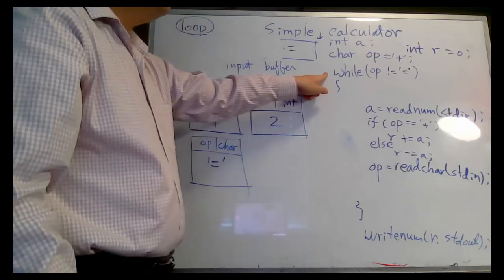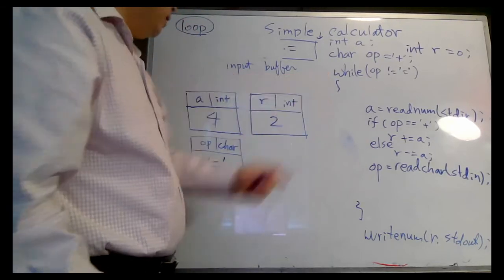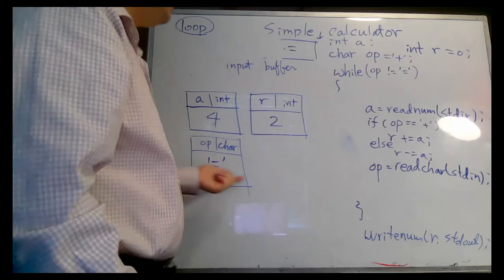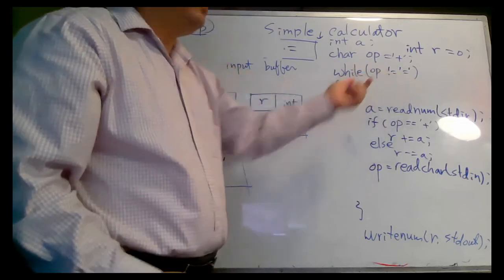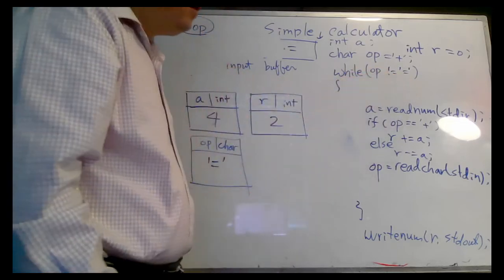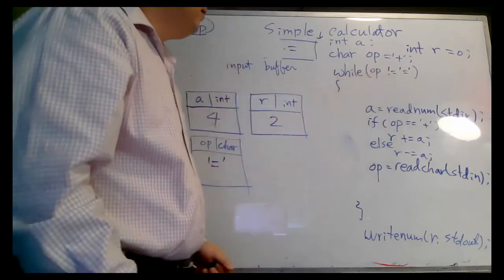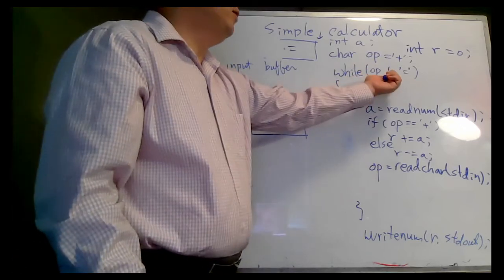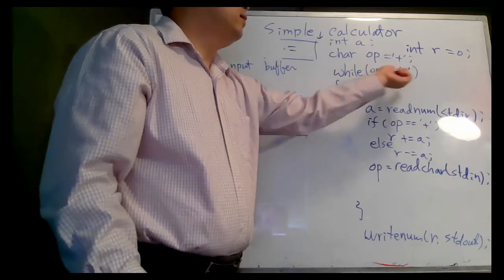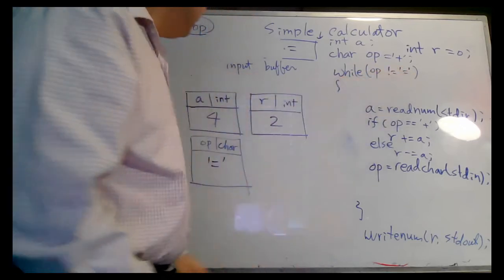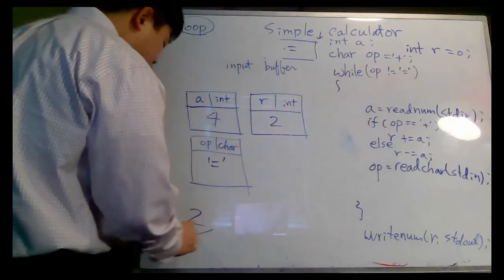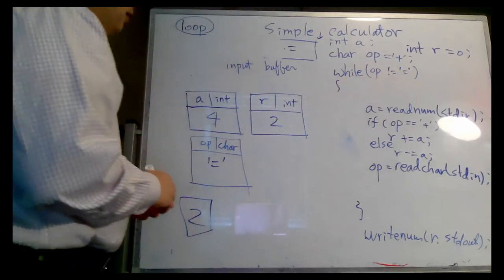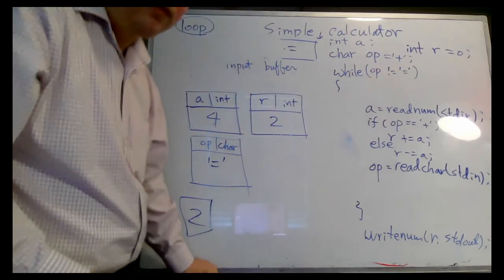Now this becomes false, right? So now you exit the loop and then you print out 2 in the output.